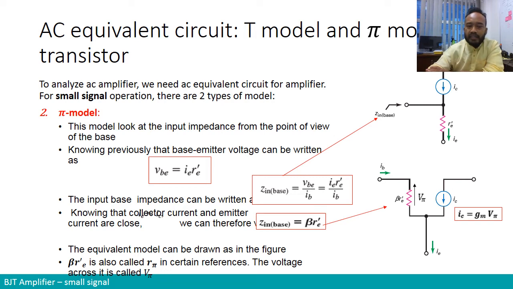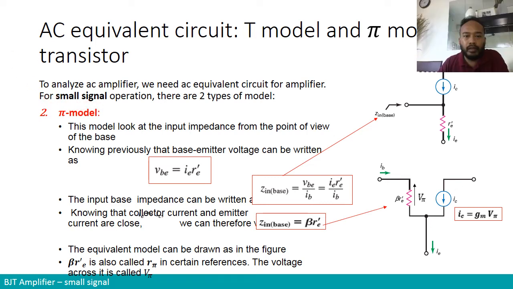And then we have a second type of model, which we call the pi model. So what is the difference with the pi model? In the pi model, in comparison to the T model, it views the transistor as creating an equivalent impedance or equivalent resistor for the whole transistor instead of just the emitter.